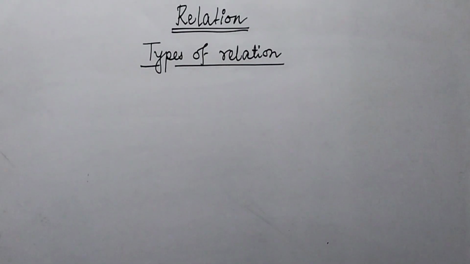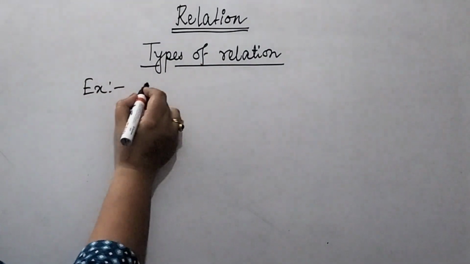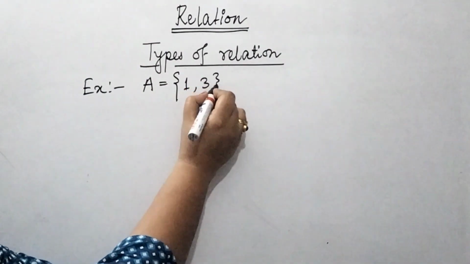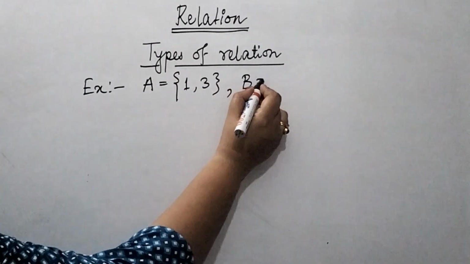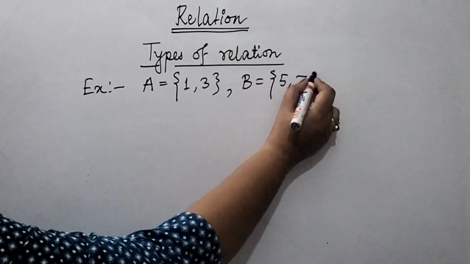For better understanding of the concept of void or empty relation, let's see this example. Suppose I am considering a non-empty set A which contains the elements 1 and 3 and another non-empty set B containing the elements 5 and 7 suppose.